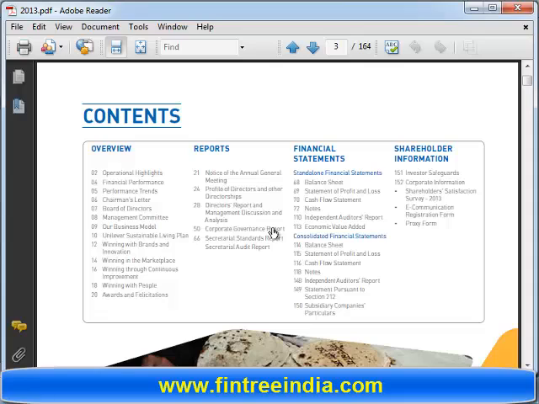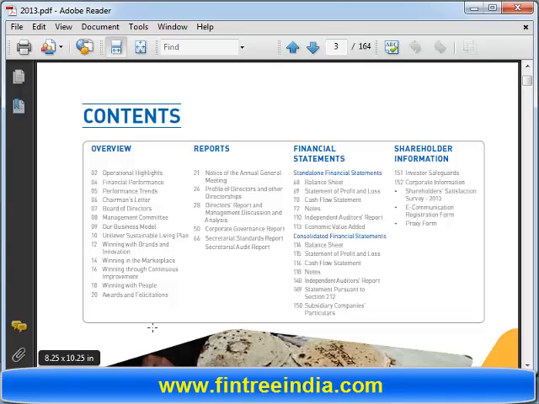Then corporate governance report. What is this for? What is corporate governance? Every company that gets listed in India, it has to sign a listing agreement with exchanges. And that listing agreement will have a clause 49.